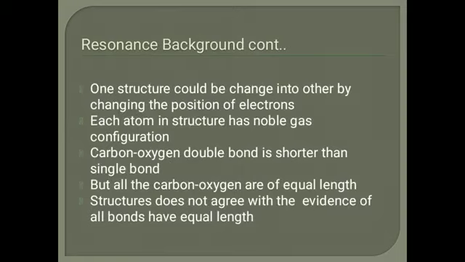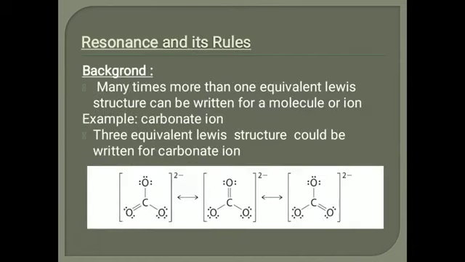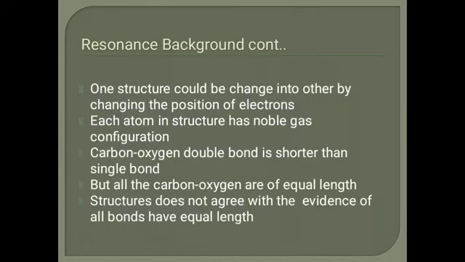Then one structure could be changed into another by changing the position of electrons. As we can see, the position of atoms is the same in all the resonance contributing structures, but there is the moving of electrons from one atom to another atom, and there is the delocalization of pi electrons.